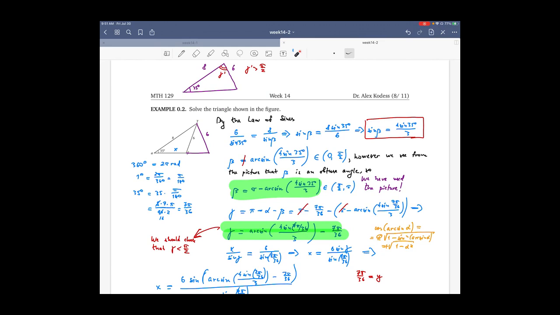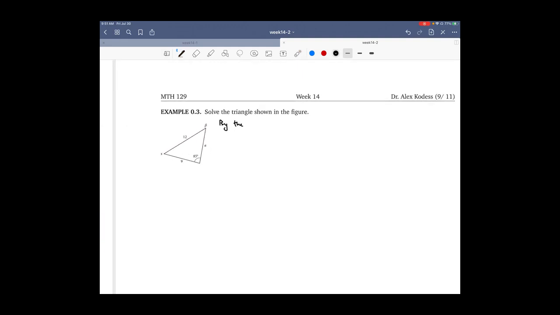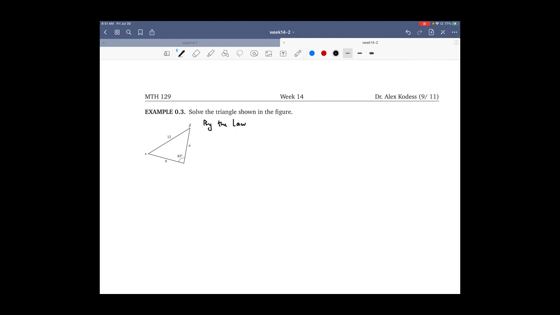All right, in the next problem, again, we use the law of sines to write that 12 divided by sine of 85 degrees equals 9 divided by sine beta.